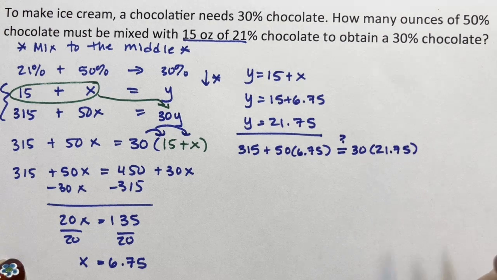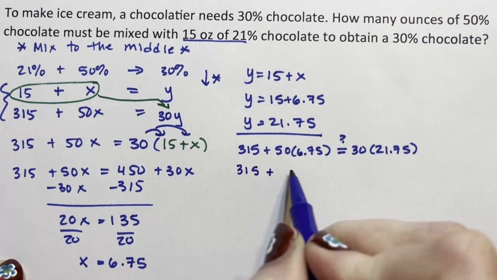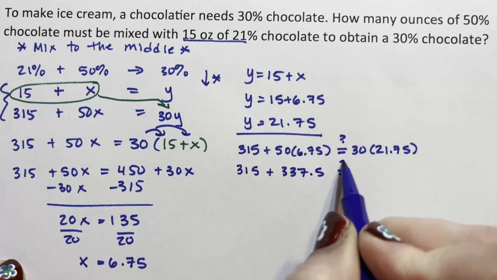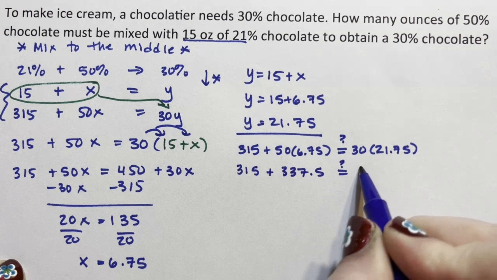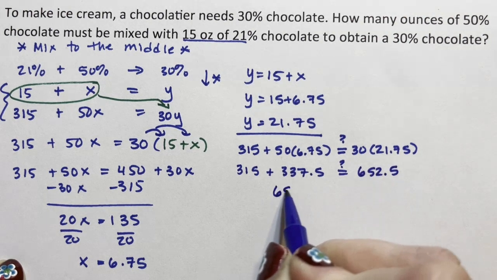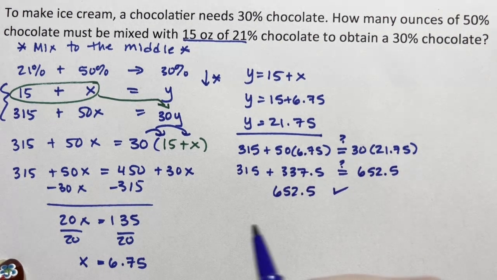I need to check. I need to make sure that this really all works. I always have to double check that all of my numbers work in both of my equations. So 315 plus 337.5, does this really equal 652.5? I add these together, it's 652.5. It worked, so I have the right answer.